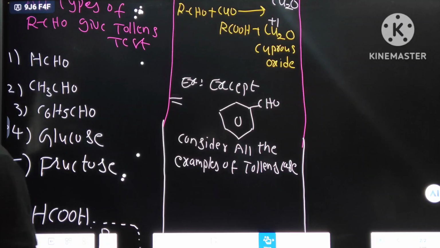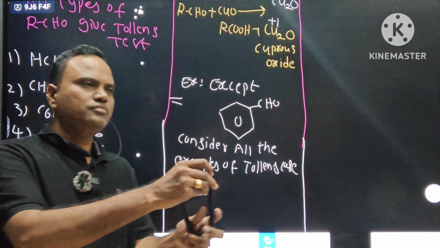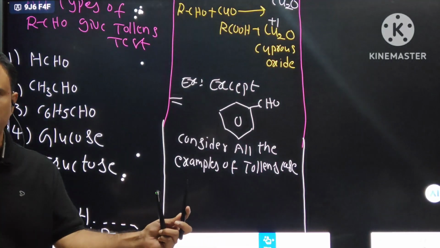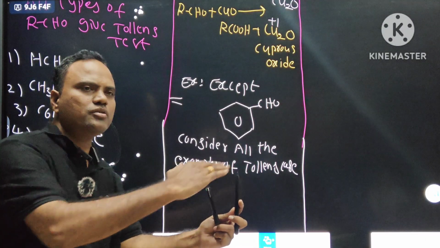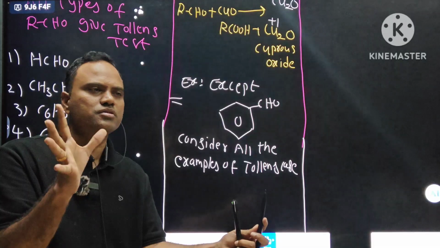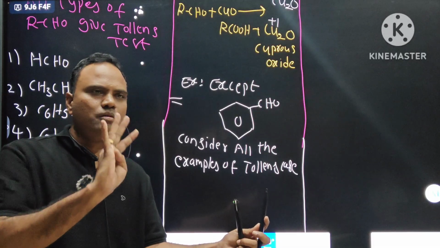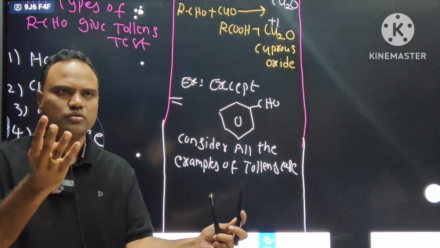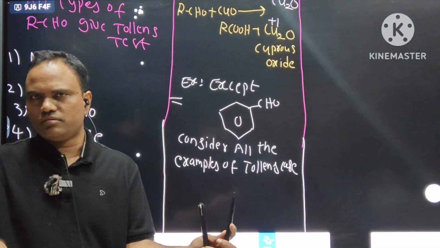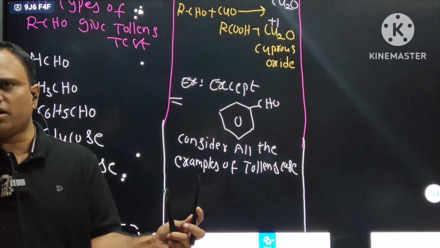See, this is aldehyde, this is ketone. In this case, very easy. Aldehydes and ketones are distinguished by Tollens', Fehling's, Benedict's, Schiff's. How many? 4. Because ketones do not respond to Tollens', Fehling's, Benedict's, Schiff's.